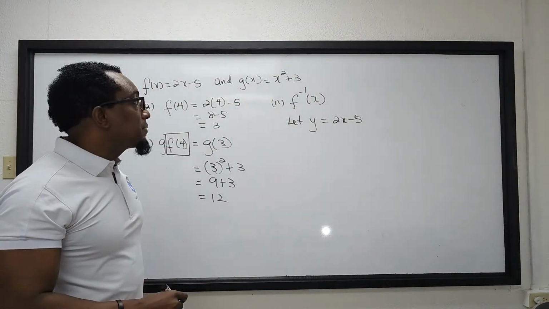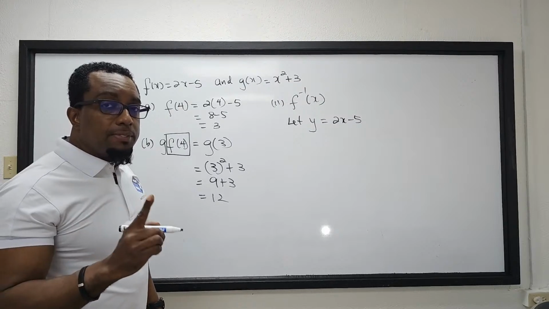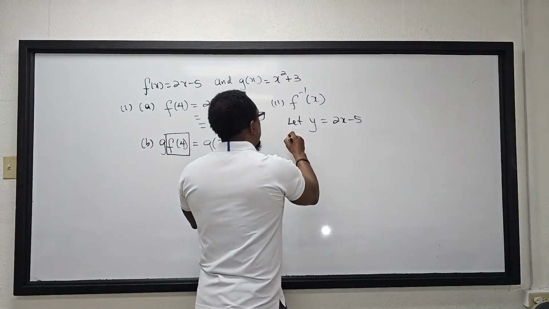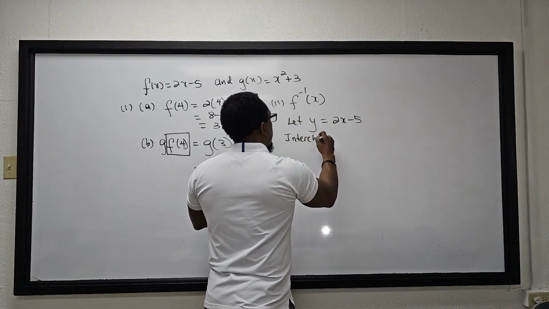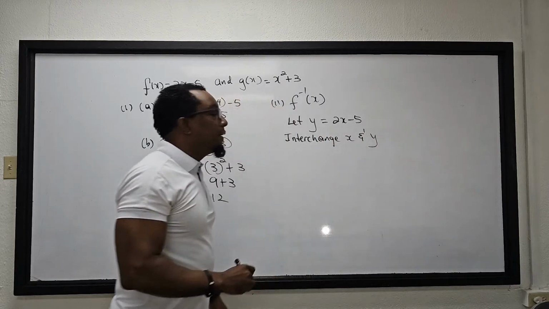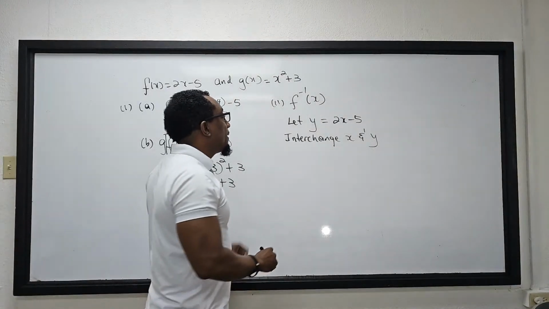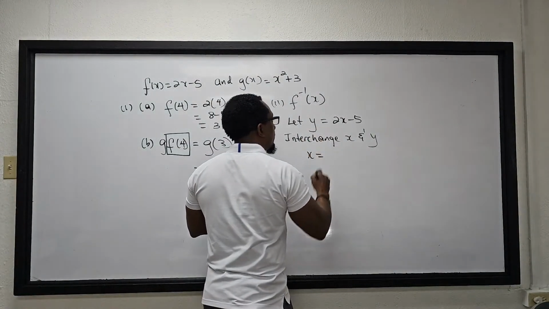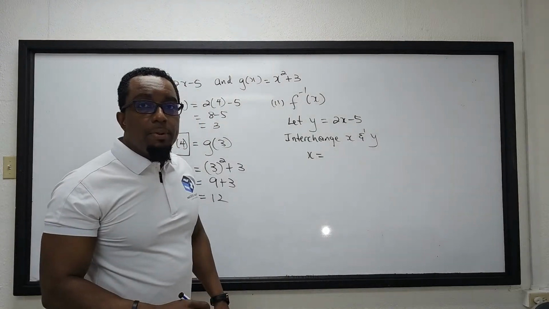This is your first step. Second step, you interchange x and y, meaning where I see y, I replace it with x, and where I see x, I replace it with y.